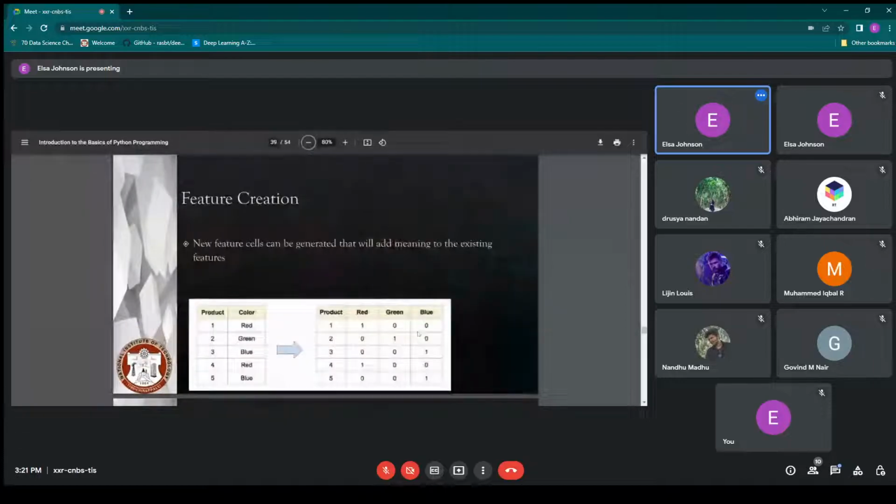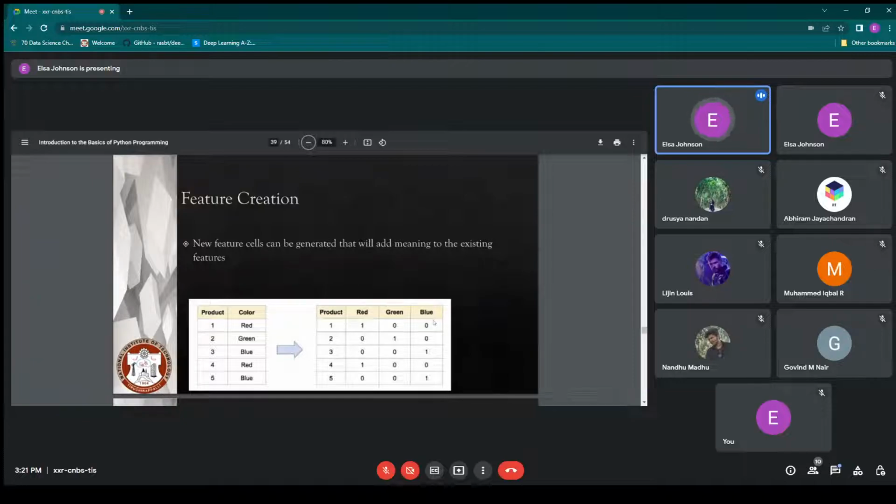Then feature creation, just as an example: new features can be generated that will add meaning to the existing features. For example, there is a product and a color column, and in that color, red, green, and blue is present. So you can change it to product numbers, and then you can see different features like red, green, and blue. Whenever a product is red, you can put one there, and similarly for the rest of the cases.